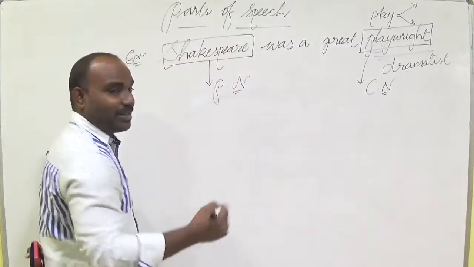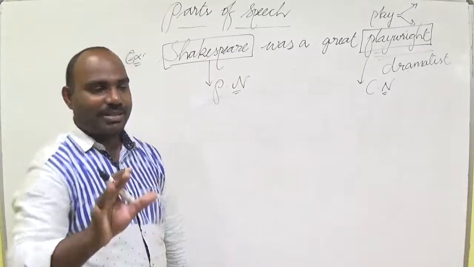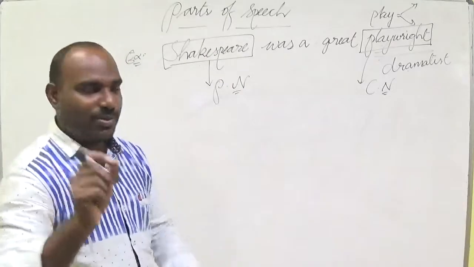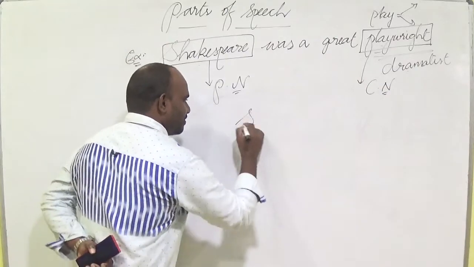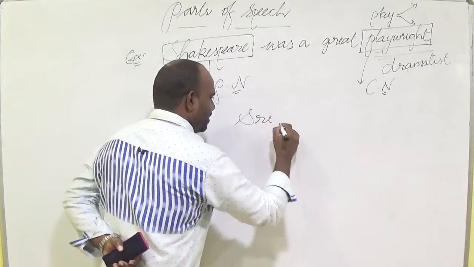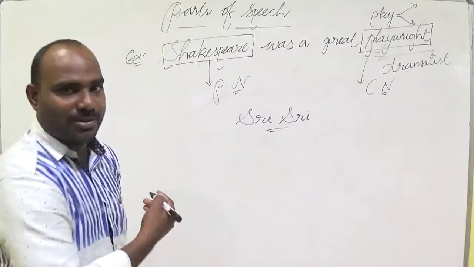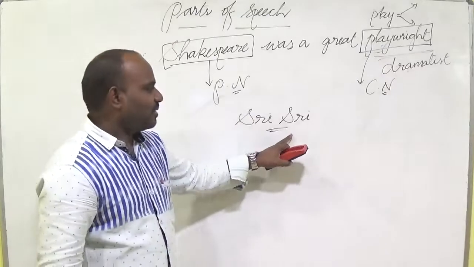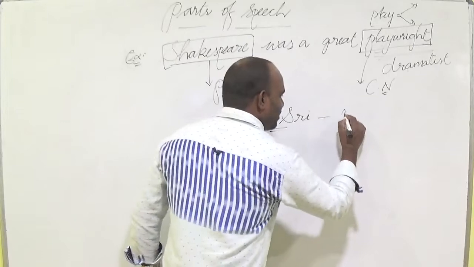For example, Shakespeare was an English writer, but to help you understand easily, I will mention a Telugu writer's name. I think you know this writer very well. Sri is a Telugu writer.